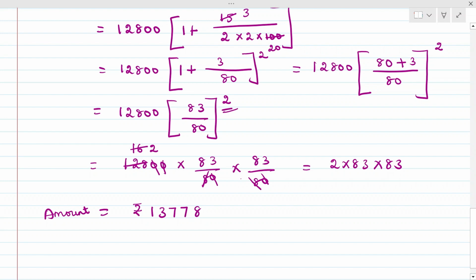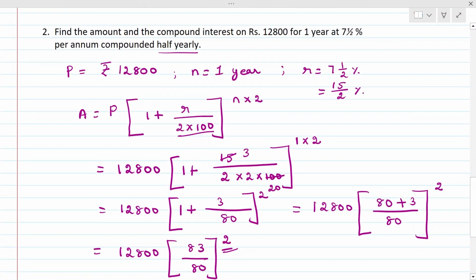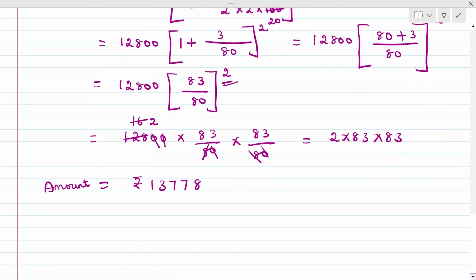In the question, they have asked to find the amount and compound interest. Now we have found out the amount. Now we will find out the compound interest. You know very well compound interest equal to amount minus principal.